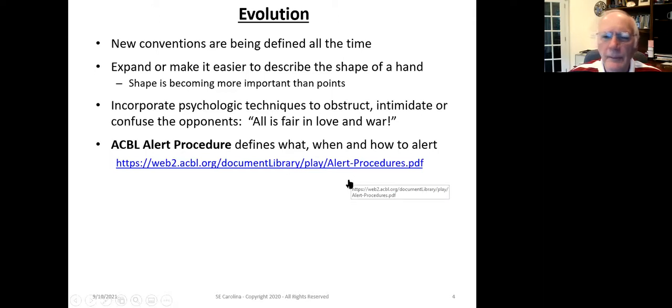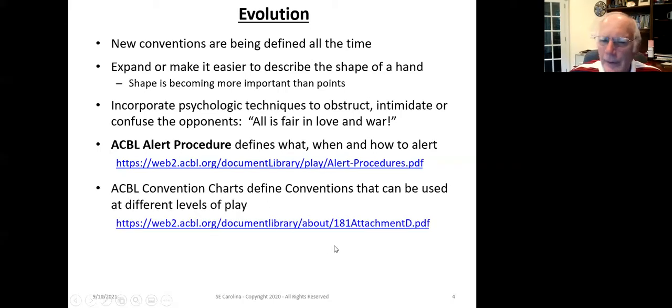You can find it by just using these terms, ACBL alert procedures, in a Google search. But it's a fairly detailed document, and it's not for the faint of heart. I didn't bother reading this until I played bridge for about 4 or 5 years, and even then I had to scratch my head a lot.